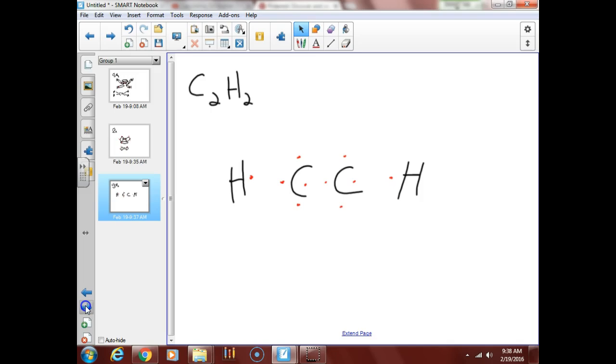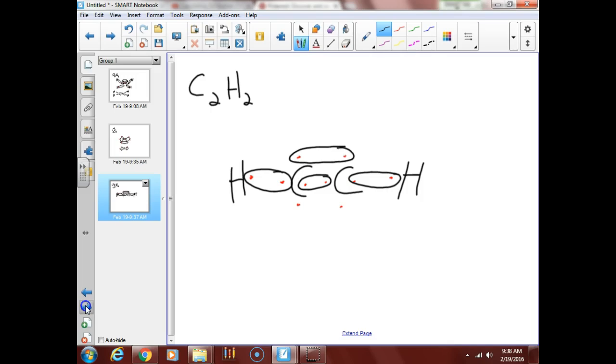All right, so let's start sharing. We're going to make our hydrogens happy. And so now that gives this carbon 5. That gives this carbon 5. So if you share the ones in the middle, that gives each carbon 6. Now we're going to have to share these and these to make 8.